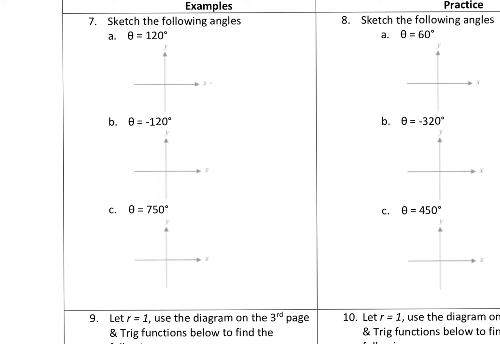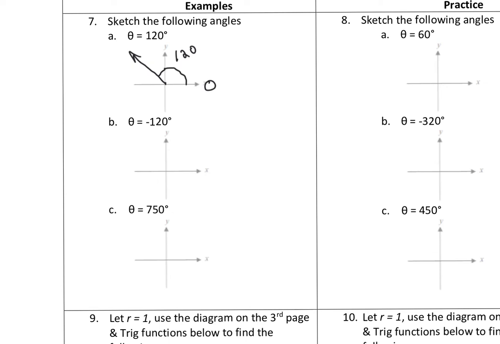So I start at 0 here, and then I'm going to go counterclockwise. Right now I just hit 90, and then I hit 30 degrees more, about right here. Then my angle goes from the origin coming out this way. So this is 120 degrees. That's all it's telling me to do.